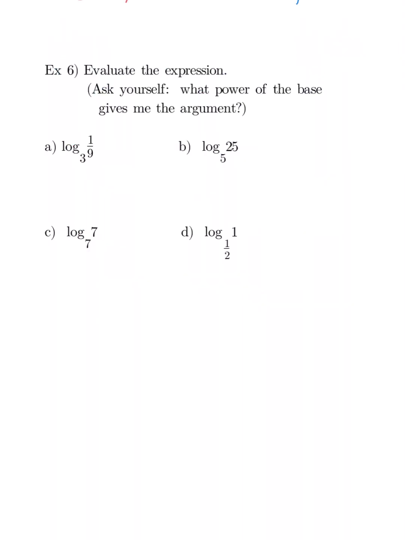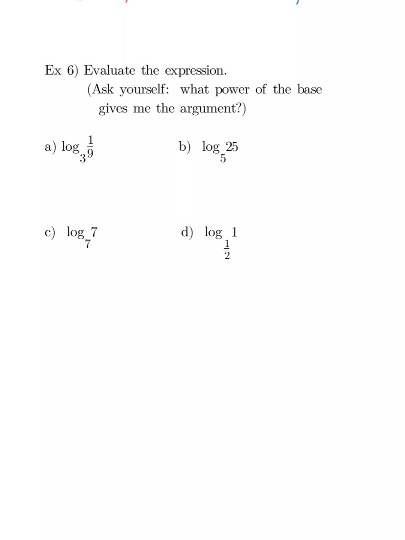On example 6, we're going to evaluate the expression. That means we need to give some kind of a numerical answer to the expression. In order to do that, we're going to ask ourselves, what power of the base gives me the argument?